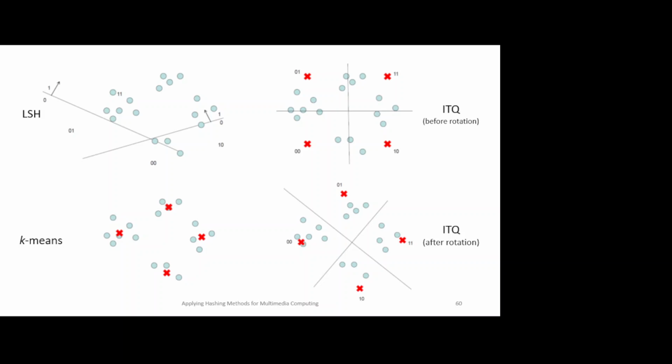So k-means usually gives you the minimum quantization error.